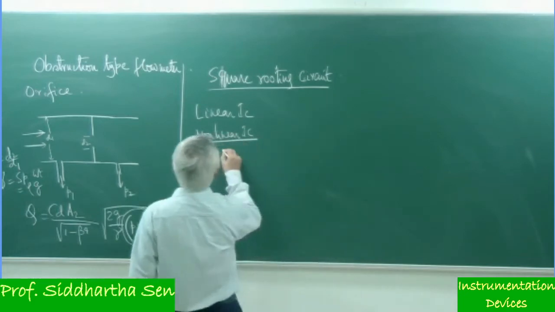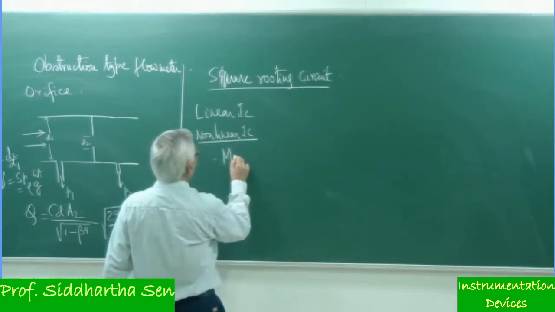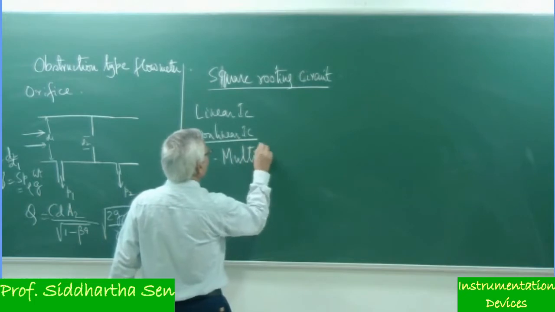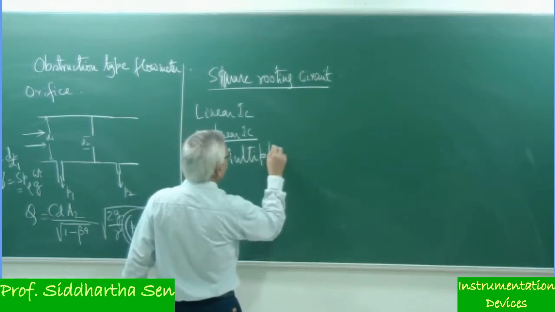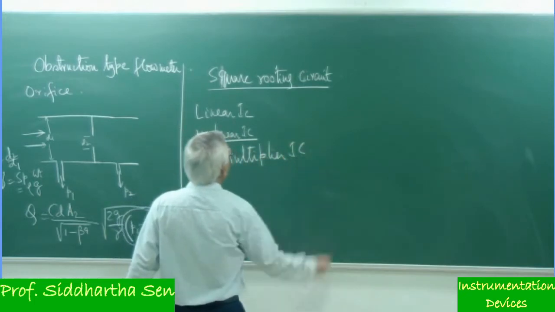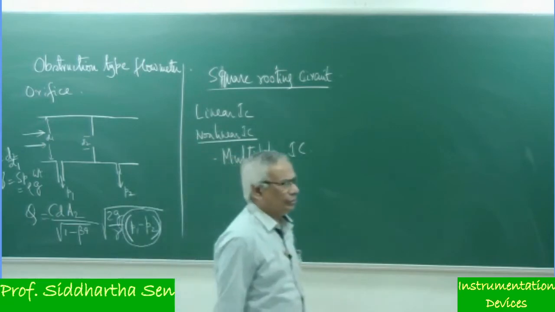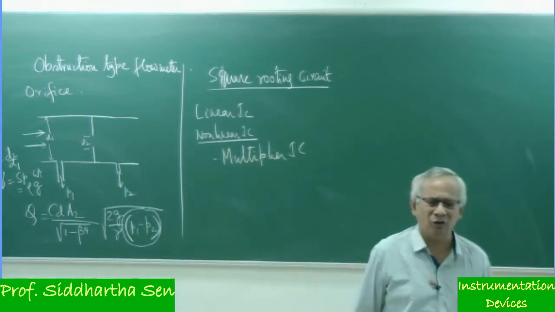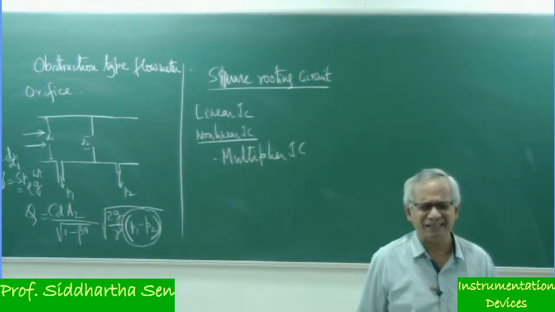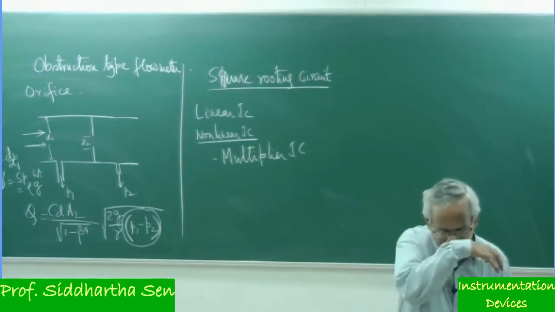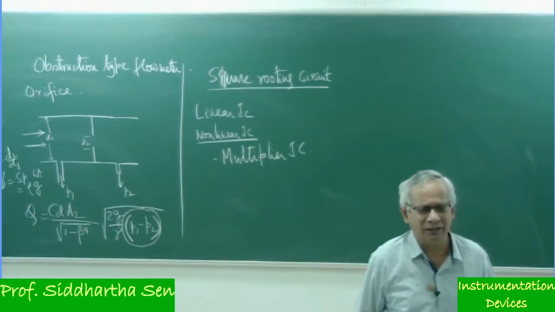One of them, a very important and popular one, is called the multiplier IC. We have seen that using an op-amp we can add two signals, or we can subtract them.